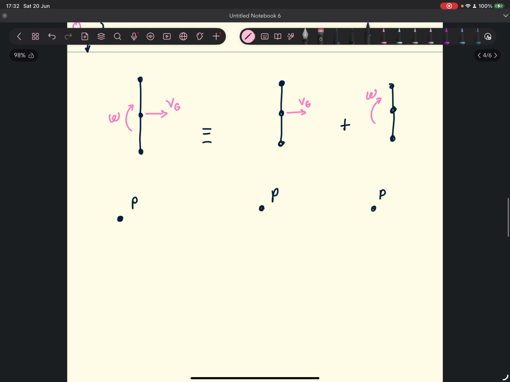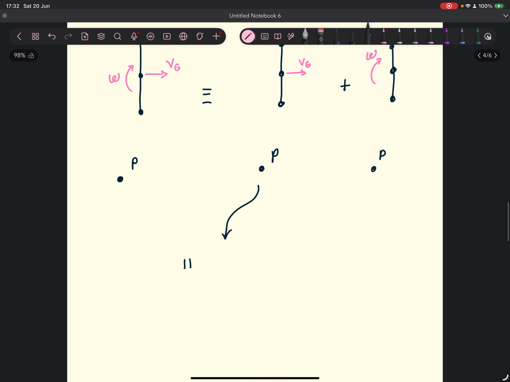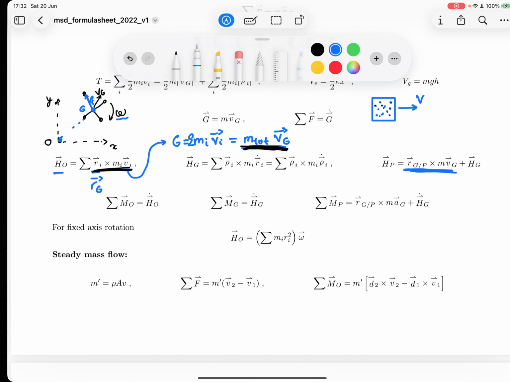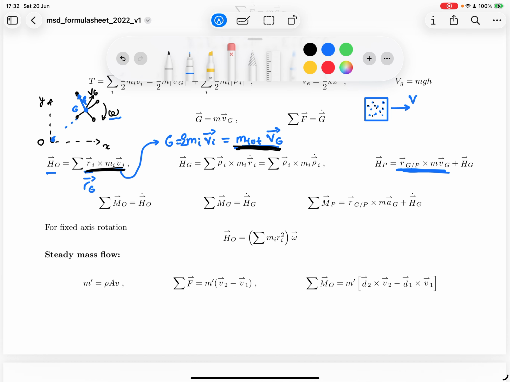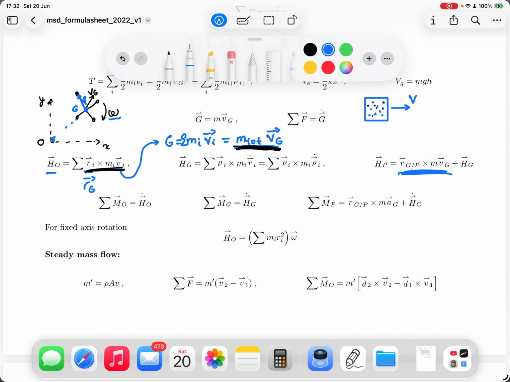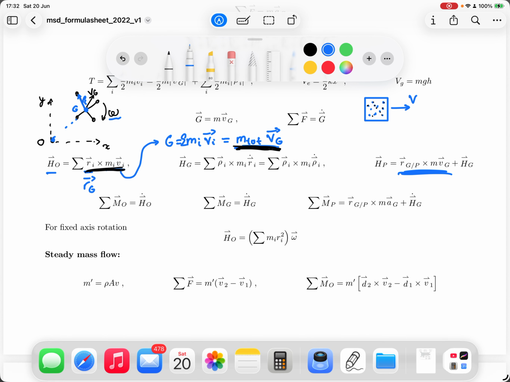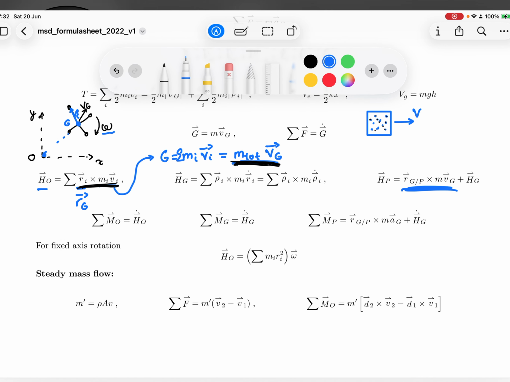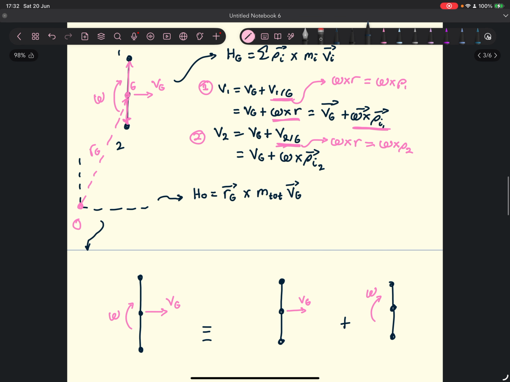So for the first part over here, our angular momentum about point P is going to be given by this portion over here, right, which is just R G relative to P crossed with M total times v G, which is the same as what we had in this case over here, right?